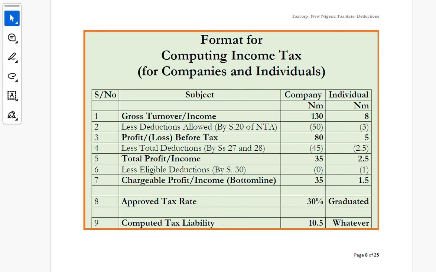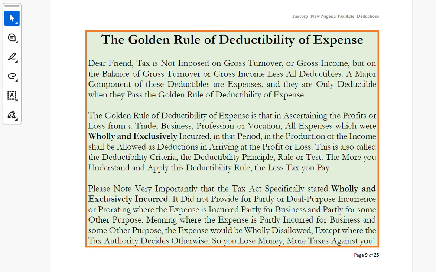So how do you reduce your chargeable income or profit? You can do any of the following. First, you can decrease your gross turnover and increase your deductions legally. And this is what we want to show you here. Now, what's the golden rule of deductibility of expense?